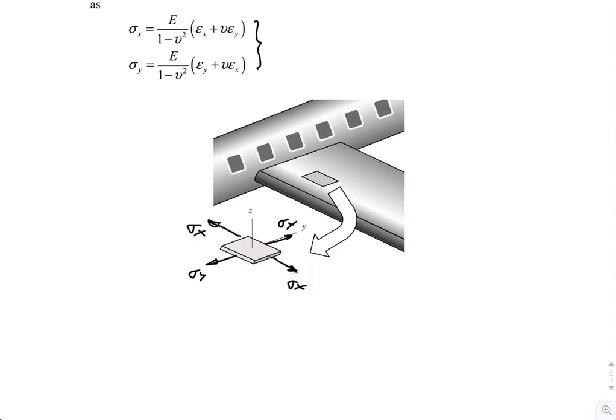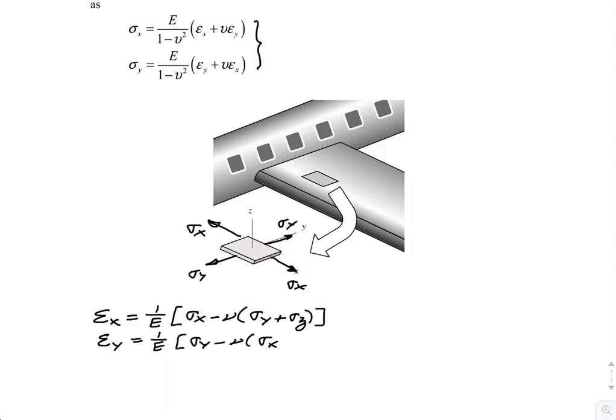So from our basic equations that we derived in class, epsilon x is 1 over E times sigma x minus nu times the sum of sigma y plus sigma z. We have epsilon y is equal to 1 over E times sigma y minus nu times sigma x plus sigma z.